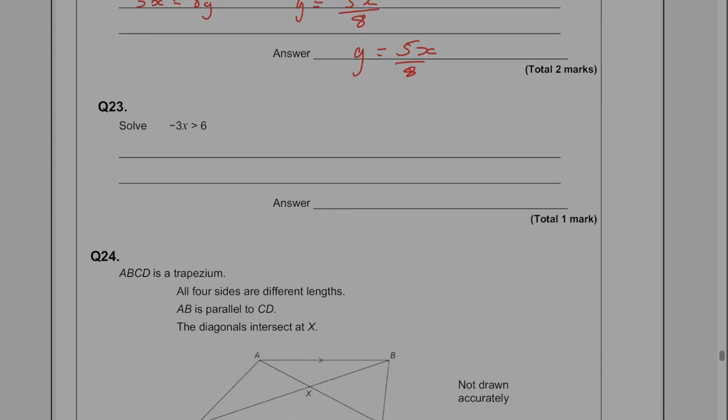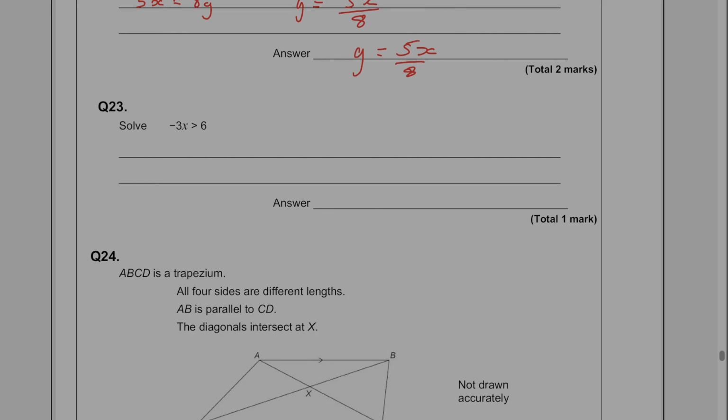Right, 23, solve minus 3X is greater than 6. It looks really simple, but it's not quite the same as just dividing by -3. Whenever you divide by a negative number, you need to switch the inequality symbol.